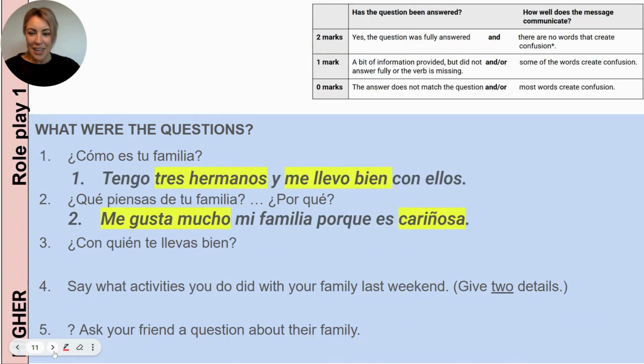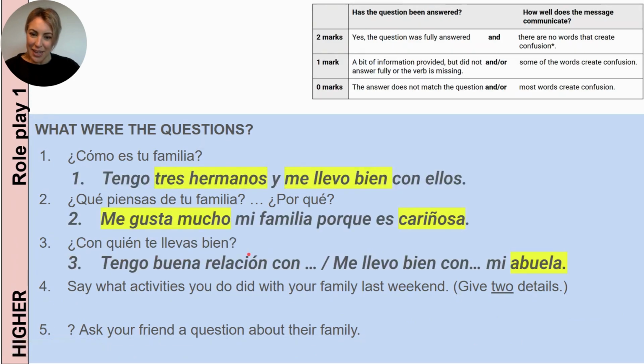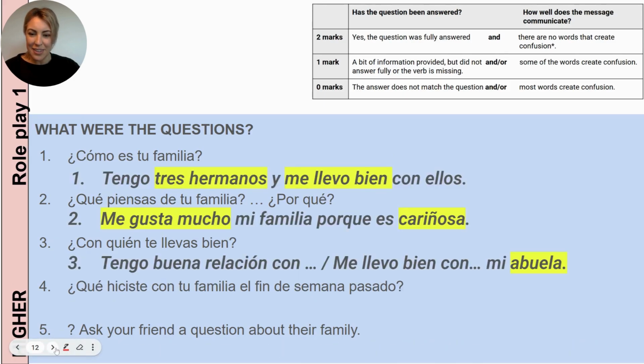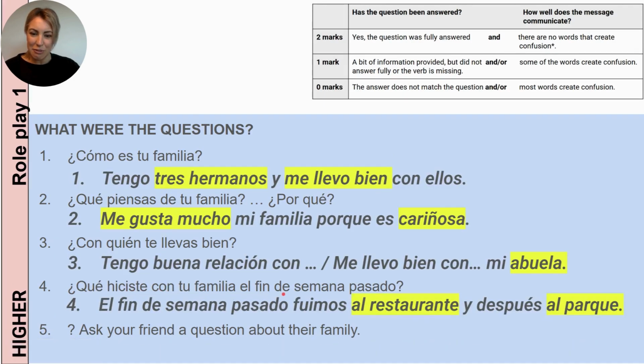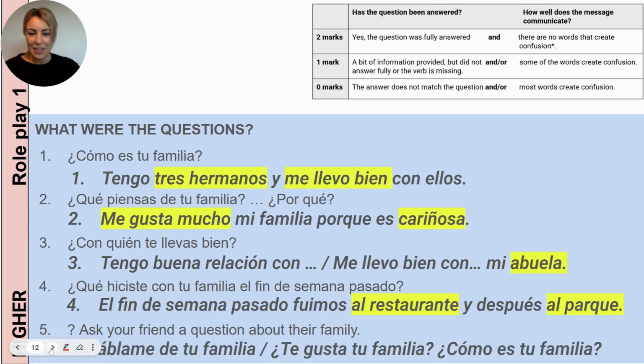Question 3, ¿con quién te llevas bien? Question 4, ¿qué hiciste con tu familia el fin de semana pasado? Y question 5, you asked the question, and then I said, oh, es genial.